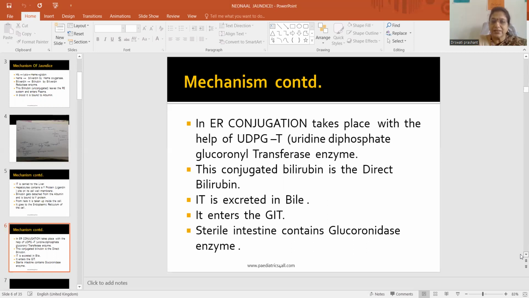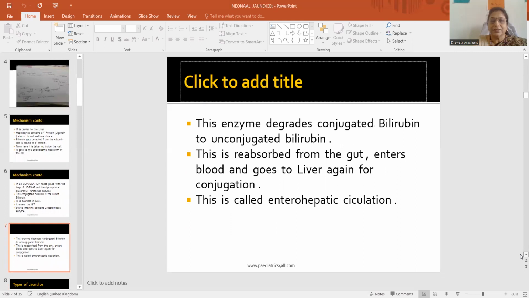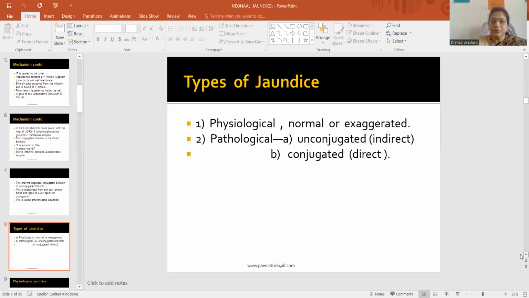The sterile intestine contains glucuronidase enzyme, as the baby has not started feeding properly, so it's a sterile gut. This enzyme degrades conjugated bilirubin to the unconjugated form again, and this is reabsorbed from the gut, enters the blood and goes to the liver again for conjugation.